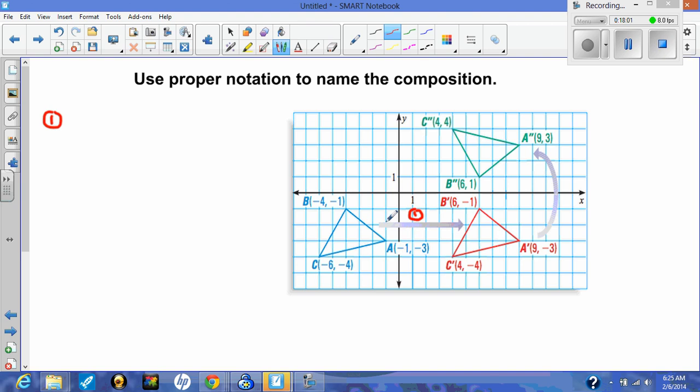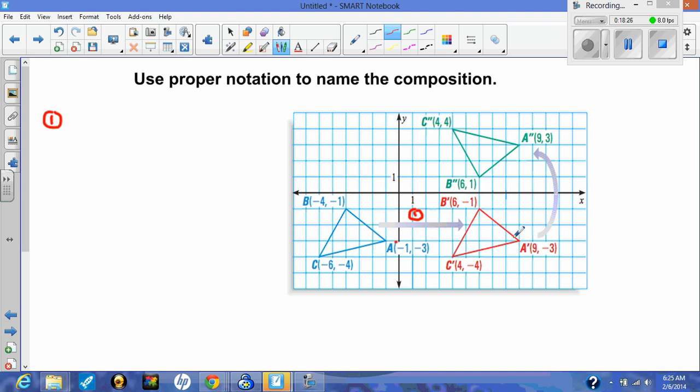Okay, so let's try to figure out the rule. It looks like we've done, let's see, sorry, pause there. The rule would be, if I started from A, it is shifted to the right. 1, 2, 3, 4, 5, 6, 7, 8, 9, 10.